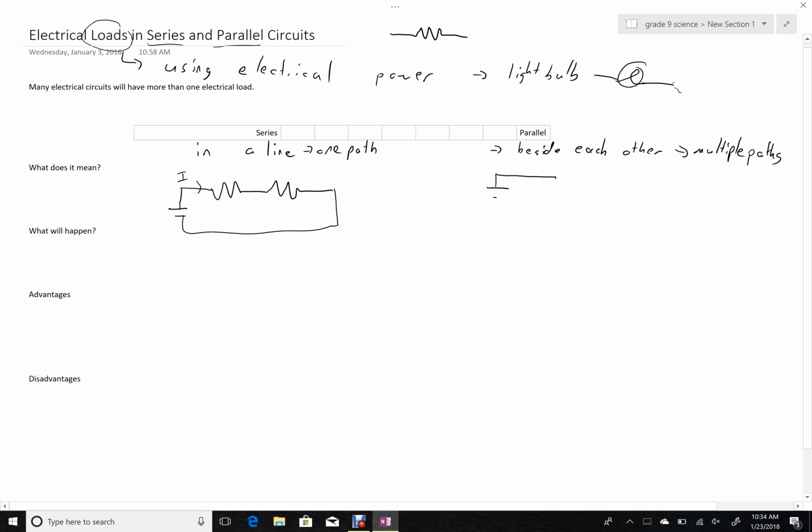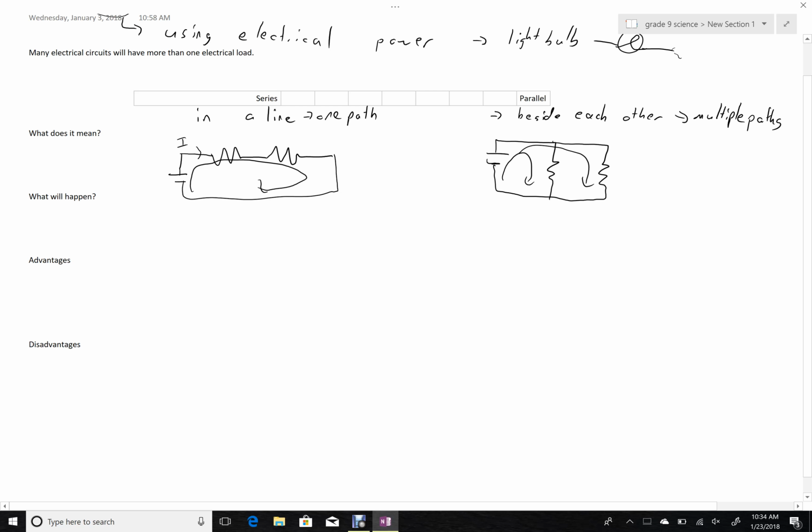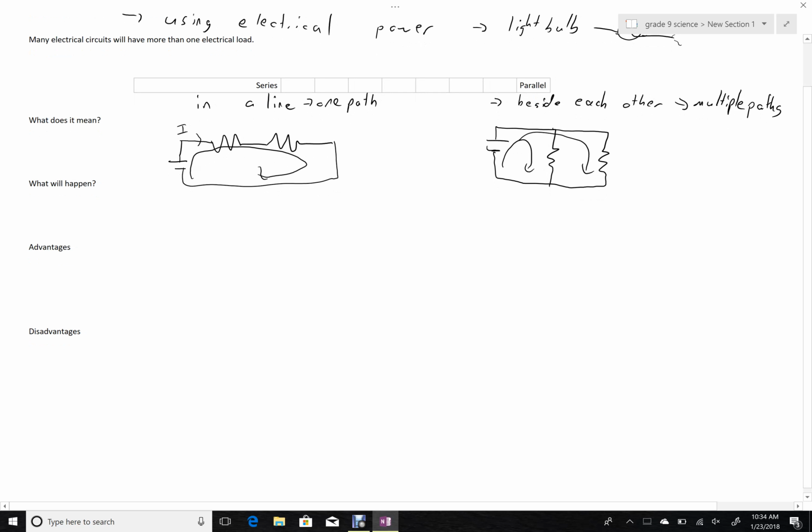So here, where we have one track for the electrons to move around, here we have different paths, multiple ways where the different electrons could go. So what will happen? Well, here, these two resistors will get together and make a big resistance.